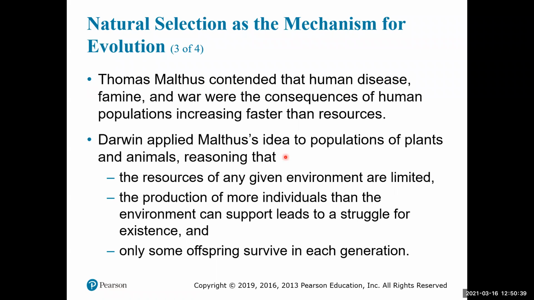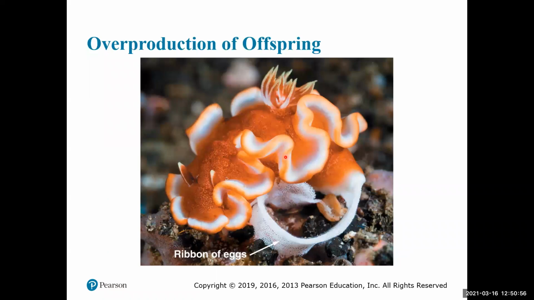And so only some offspring are surviving each generation, and those are the ones that have those fit traits as well. And so that's going to again select for specific traits to propagate and increase in frequency in a population over time. And so what we see in species is that a lot of times you get species that will overproduce offspring.